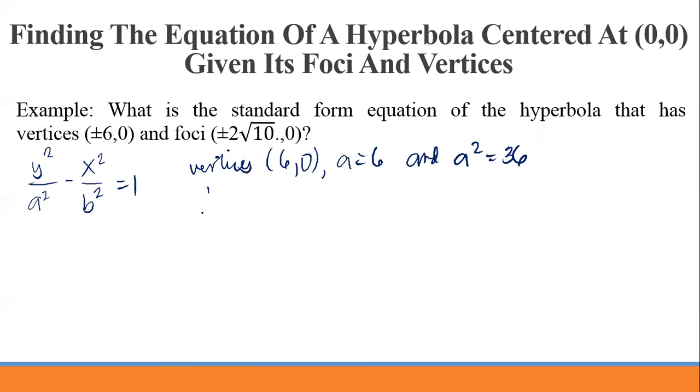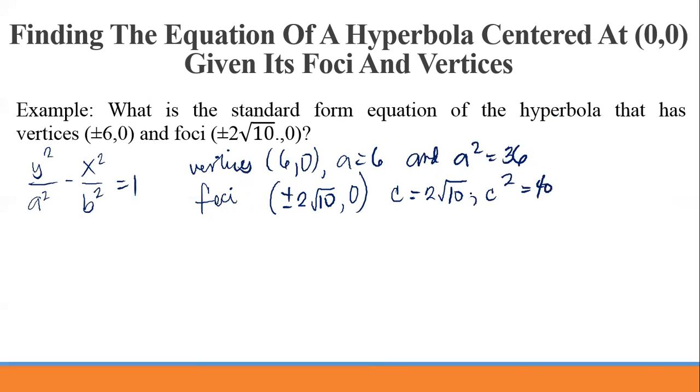Tama? And how about the foci? The foci are plus and minus 2 the square root of 10 and 0. So, c is equal to 2 the square root of 10. c squared is equal to 40. Alright? So, solving for b squared, we have c squared minus a squared. So, this is 40. Substitute lang natin yung c squared and a squared, this is 36. So, b squared is equal to 4.